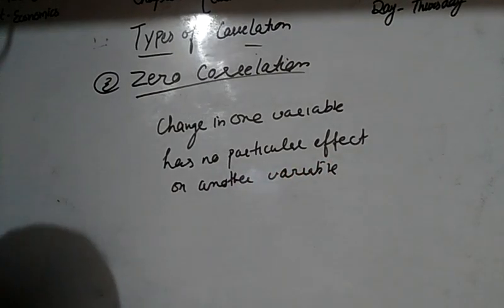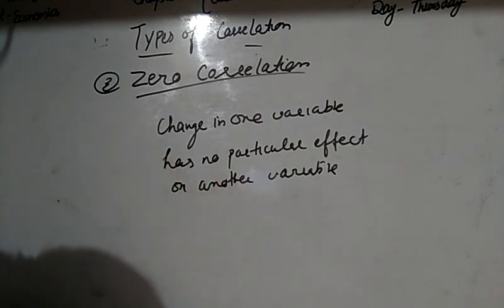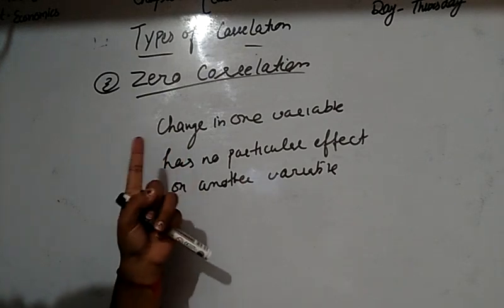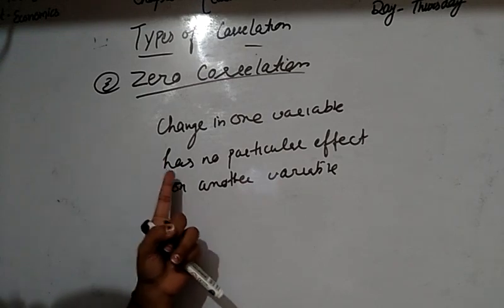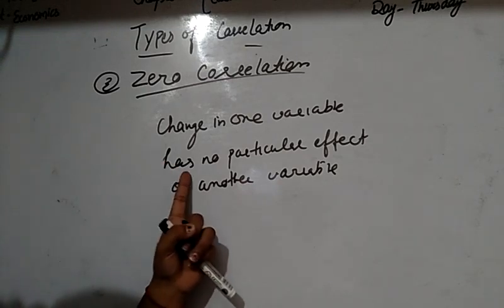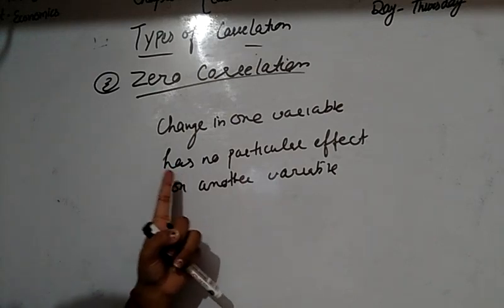Okay, so at that time there is a zero or no correlation between these two variables. So when there is no linear relationship between two variables, we can say that there is zero correlation. That is, a change in the value of one variable has no particular effect on the value of the other variable.